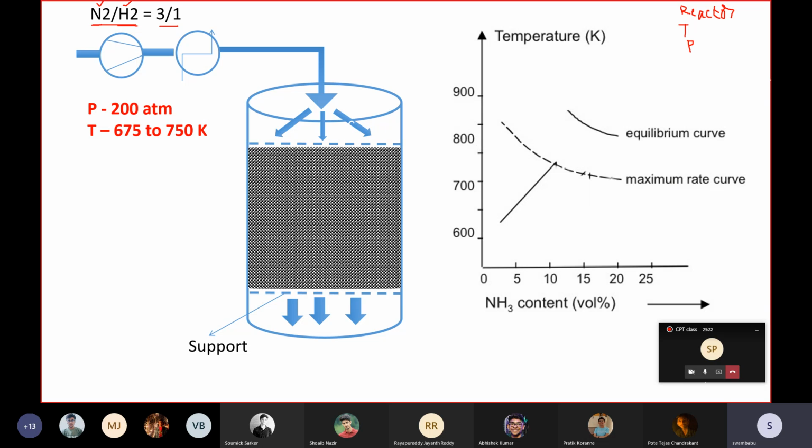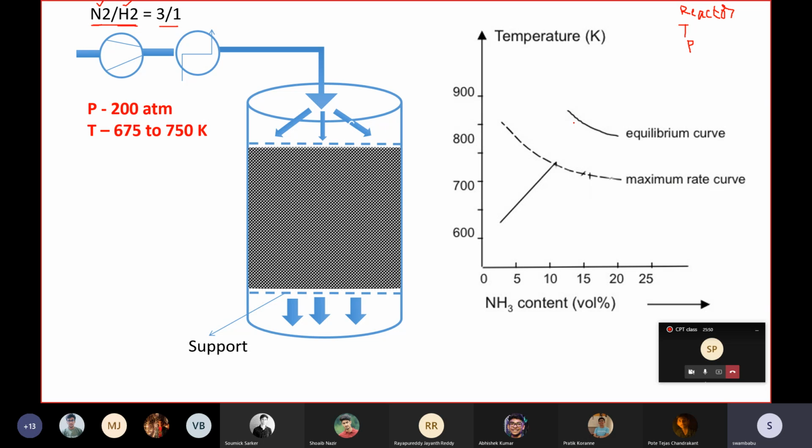Here I am showing temperature on the y-axis and ammonia content on the x-axis. So here, this is the equilibrium curve, and this is the maximum rate curve. Maximum rate occurs at these temperatures for this ammonia content, and this is the equilibrium curve.